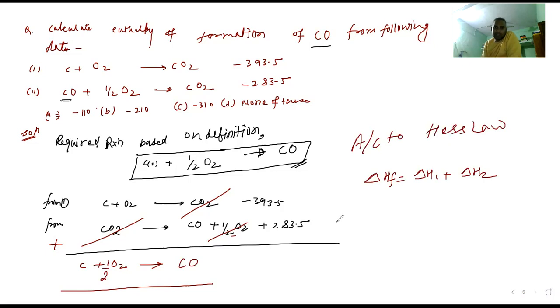Here, the enthalpy of formation, delta H1 is minus 393.5, and plus 283.5. Add them and solve. How much is coming?